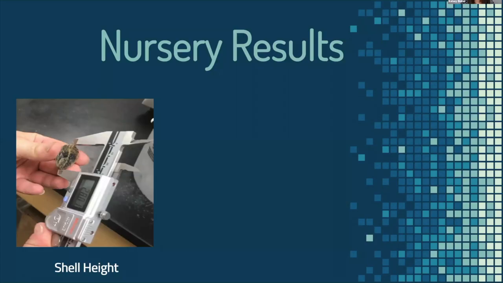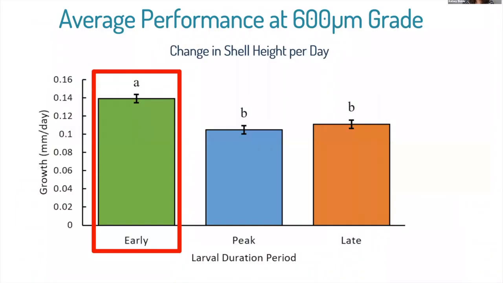So on to our nursery results. After 5 days in that upwelling system, the growth rate between that 300 micron grade and the 600 micron grade, we find that the early group has the growth advantage for the beginning of that land-based culture.